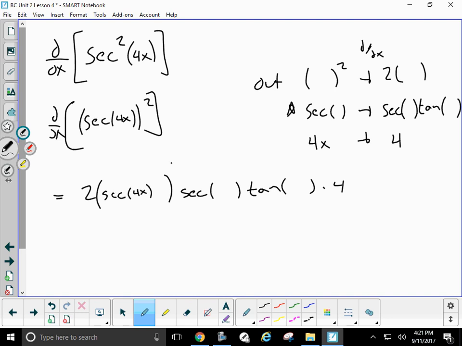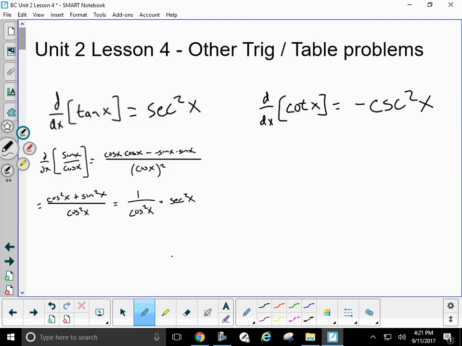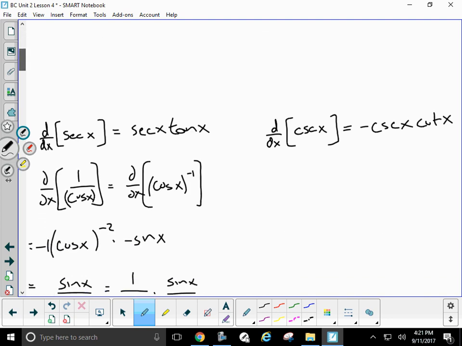This is to the first power. This is 4x and 4x. The 4x would go in both locations, okay? So be wary of that when taking derivatives of trig functions like tangent, secant, cotangent. But these derivatives of these 4, as well as sine and cosine, which you already have memorized, these others need to be memorized.